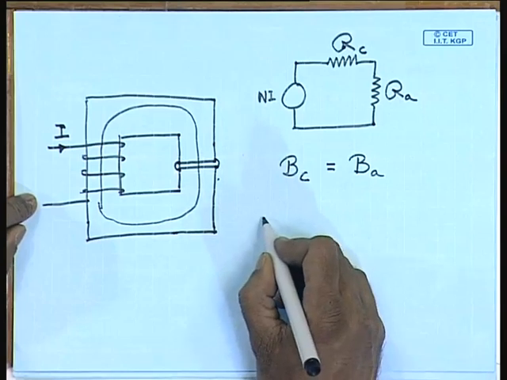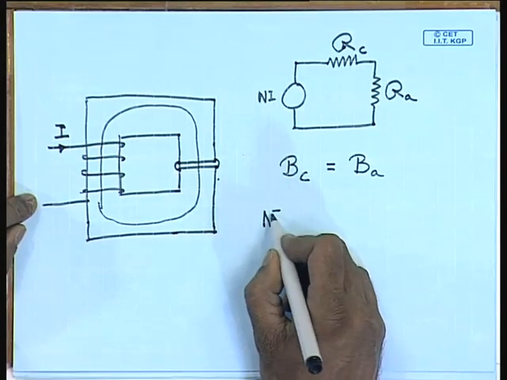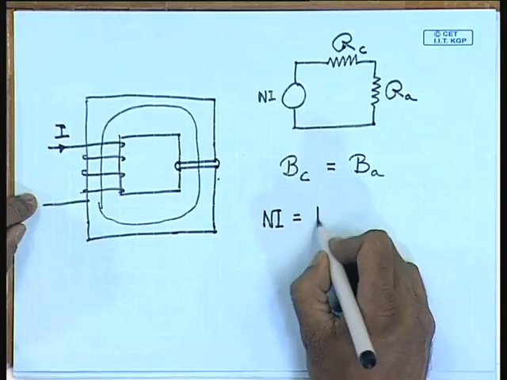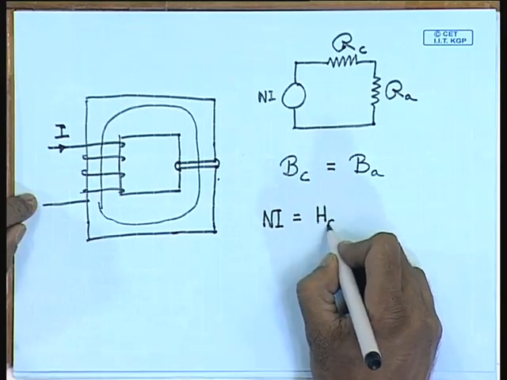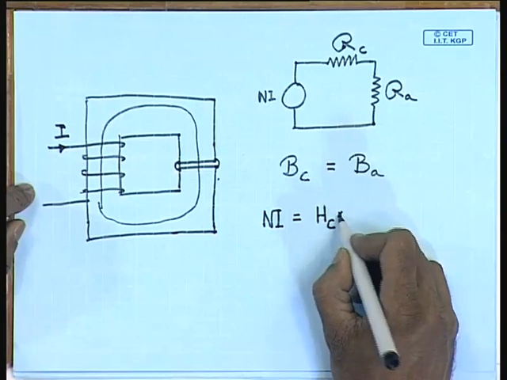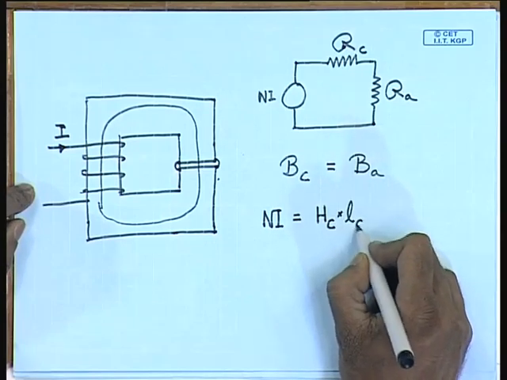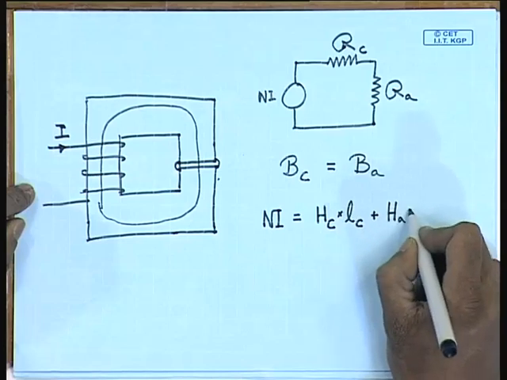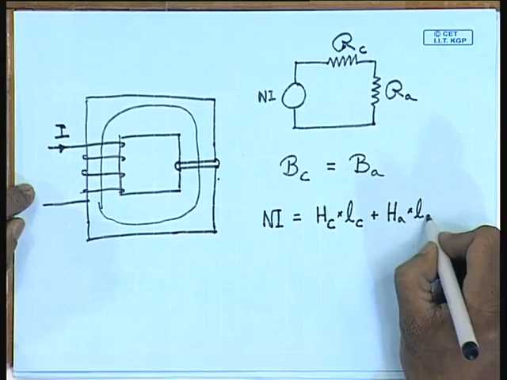The total MMF Ni can be written as the magnetic field intensity Hc in the core multiplied by the length of the core, plus the field intensity in the air gap multiplied by the length of the air gap.